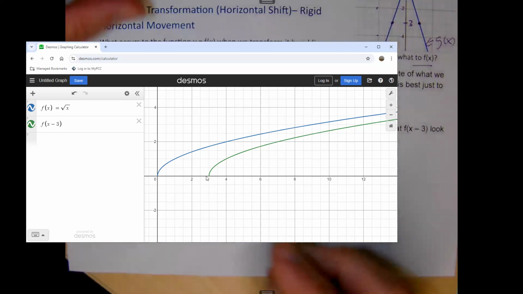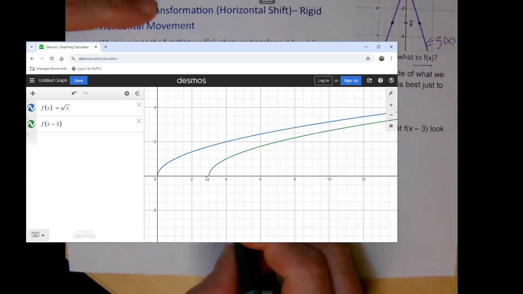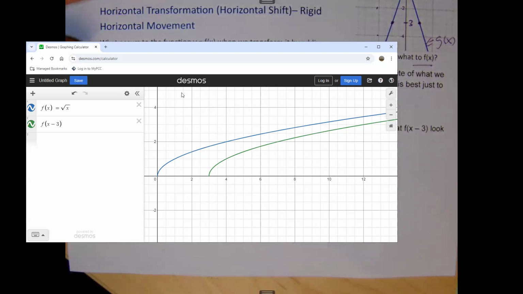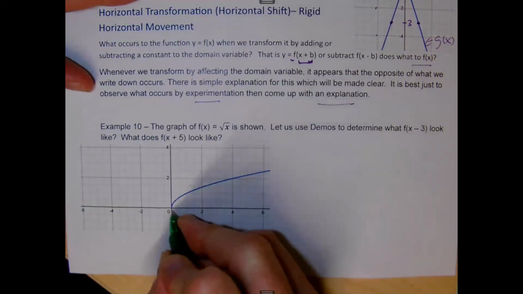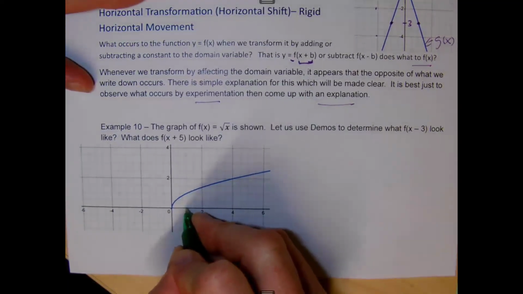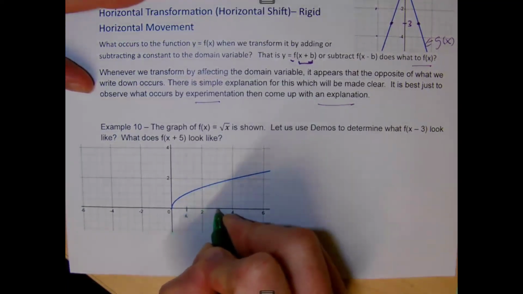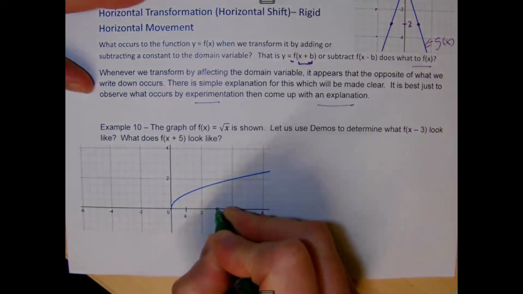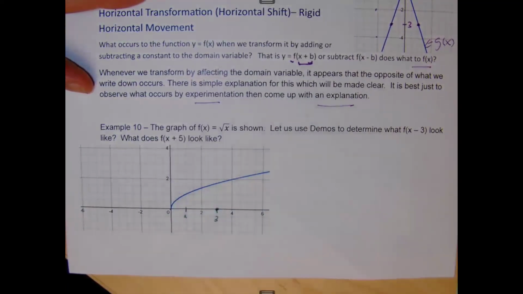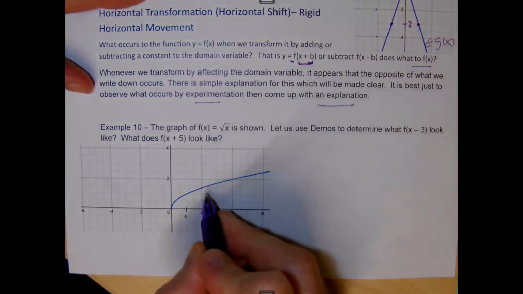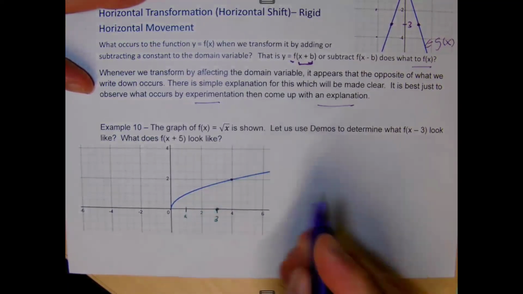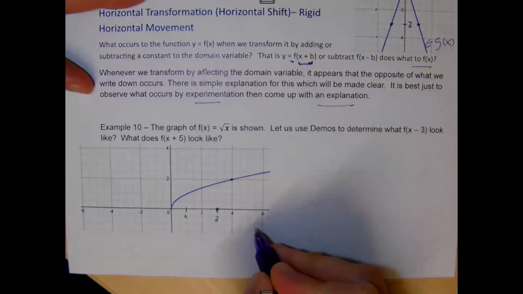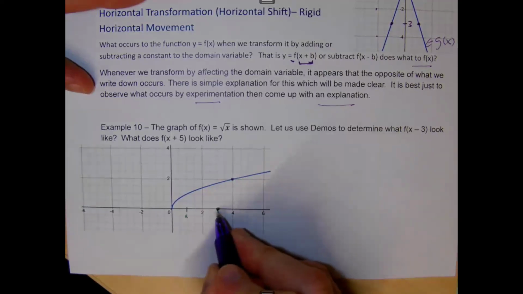Let me write it down on this piece of paper. So 0 has moved to 3, and it's now sitting right here. Let me find another point that I can clearly see, and that point is 2, and it looks like it has also moved 3 units.